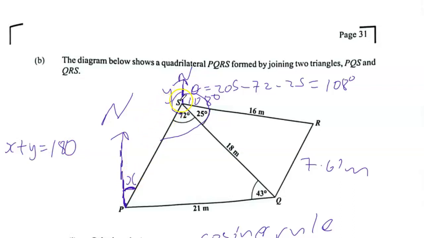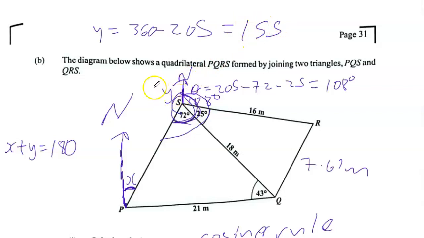Now, angle Y can be calculated easily. The total revolution is 360. So angle Y here will be 360 minus the 205, because all of that, from here to here, we know already is 205. So 360 minus 205 gives us 155.